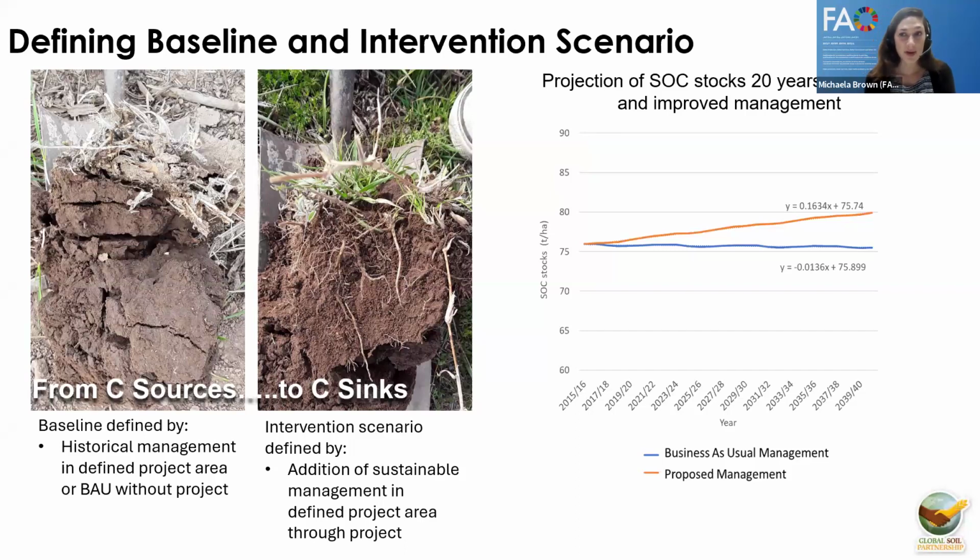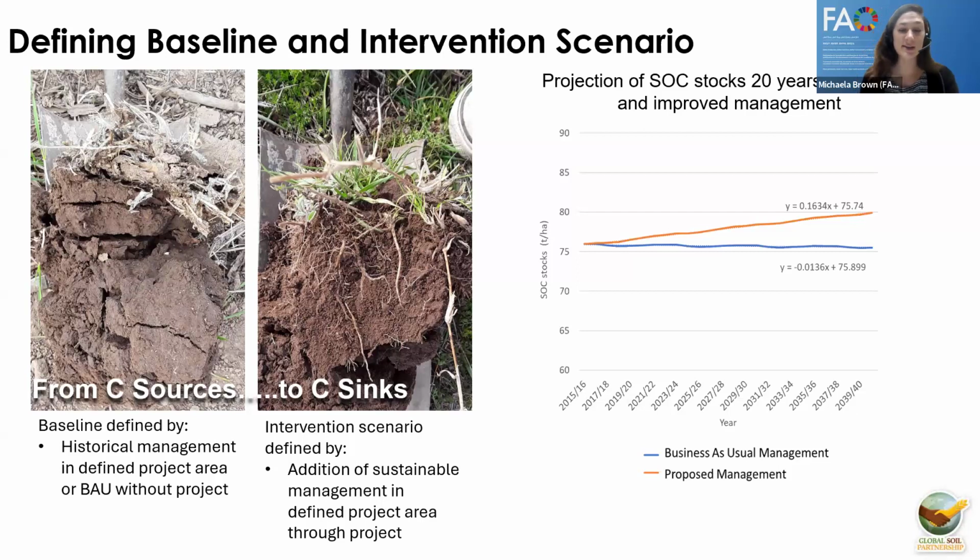Typically for a baseline scenario, we would look for lands that had not had, this is where the additionality piece comes in. Often to define eligible project areas, we look for lands where the historical management would have either not had sustainable soil management practices or would have had a low level, and the introduction of sustainable soil management could increase soil carbon stocks and reduce agricultural emissions.